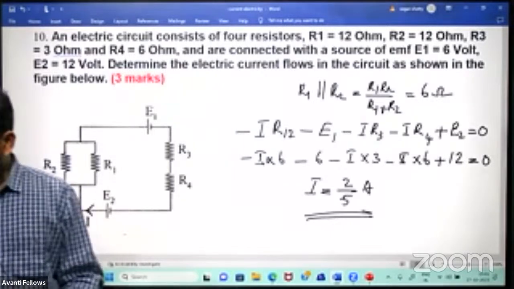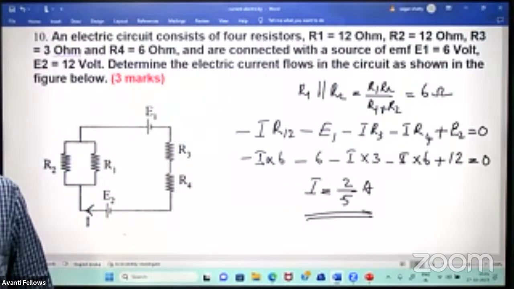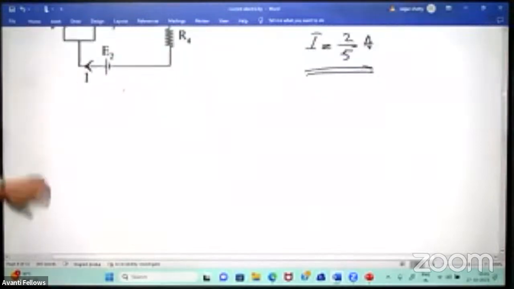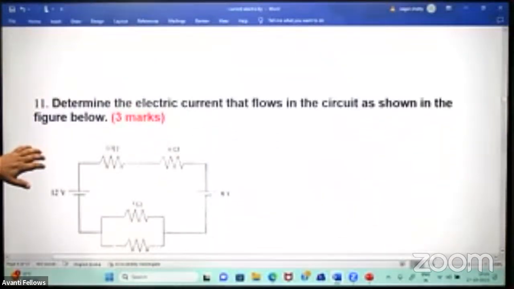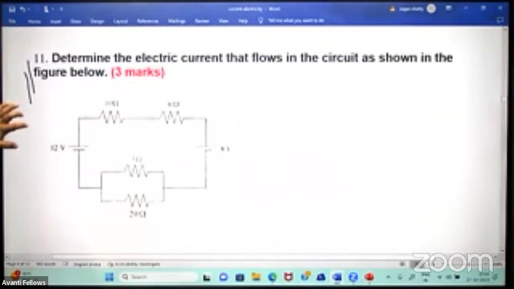Okay, let us move on to the next one. Determine the electric current that flows in the circuit as shown in the figure.